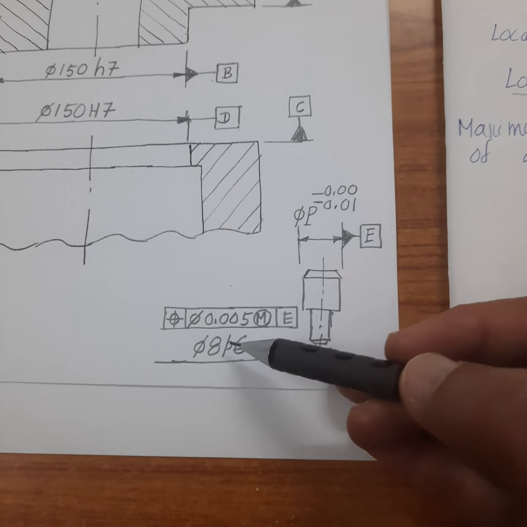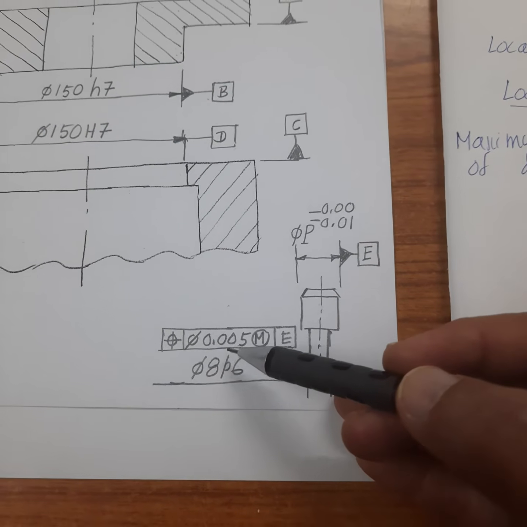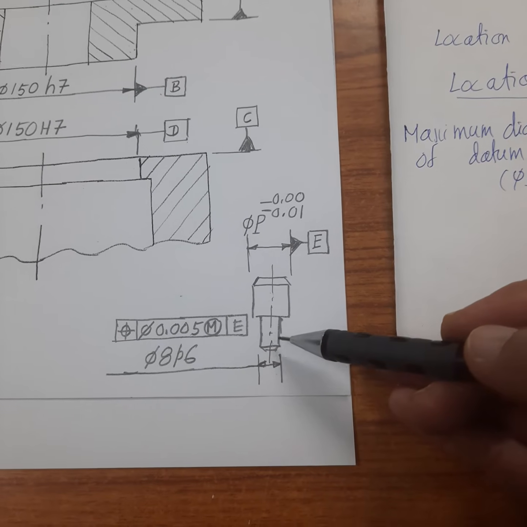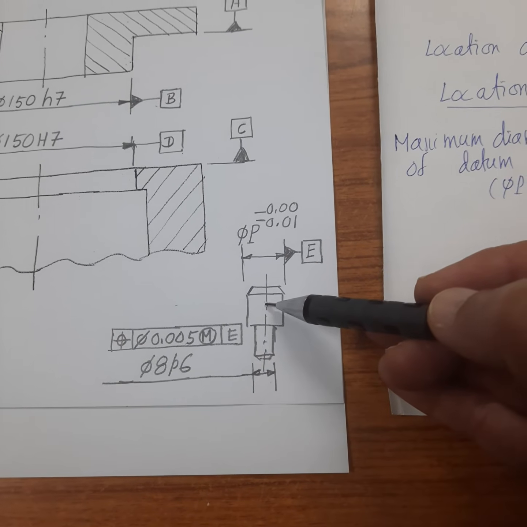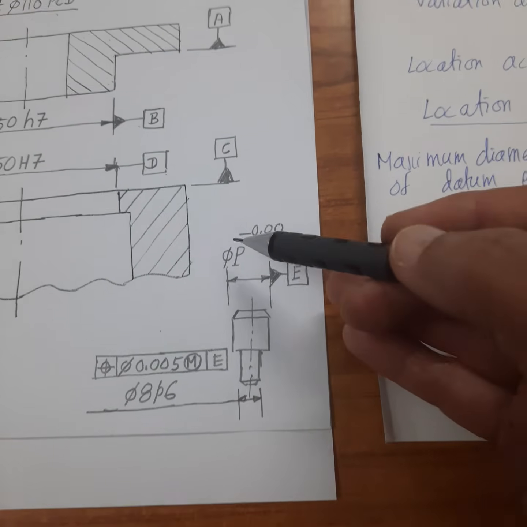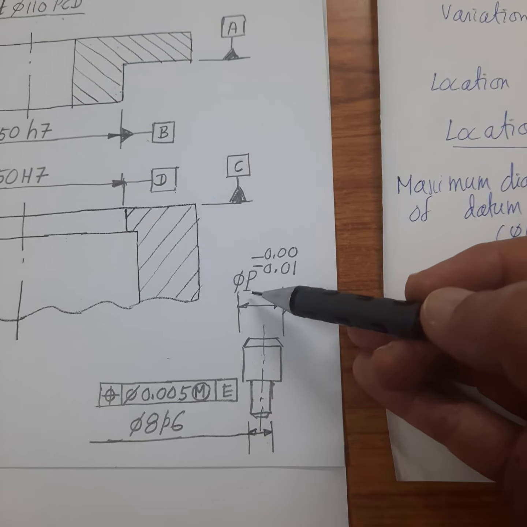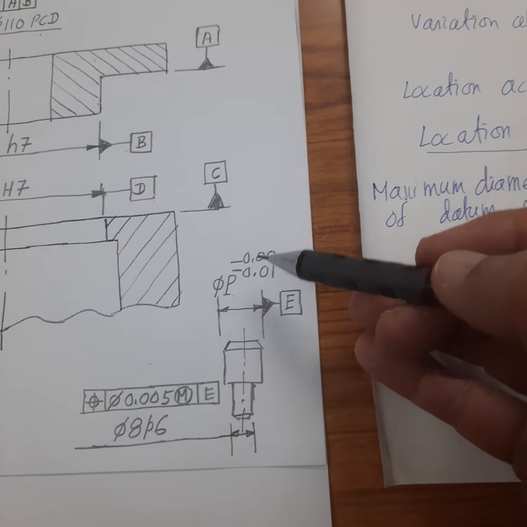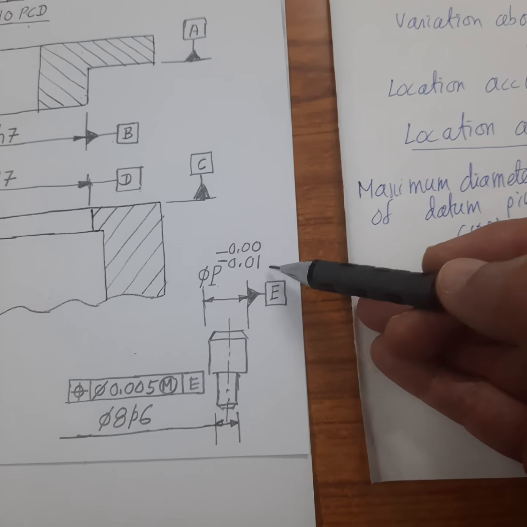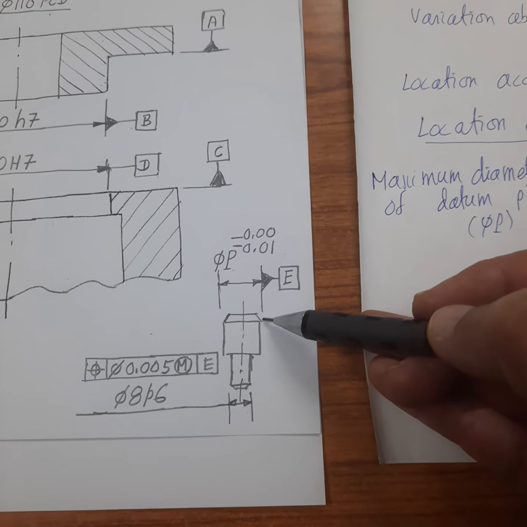A position tolerance of 0.005 is assigned to the bottom end, taking the axis of the top end as the datum. The pin diameter is taken as dia P. A tolerance of -0, -0.1 is assigned to the pin diameter.